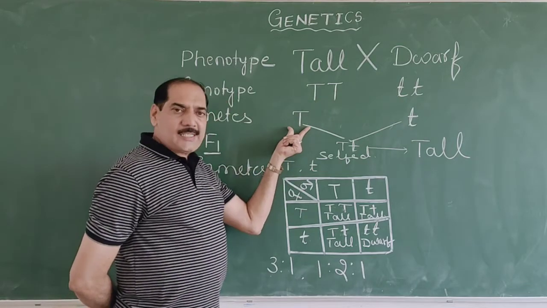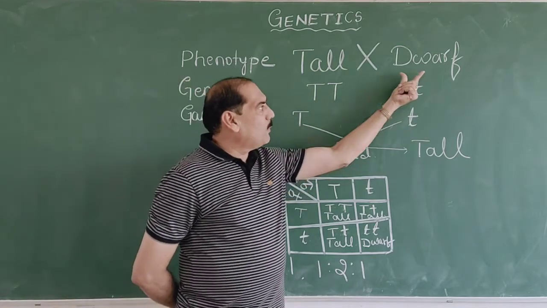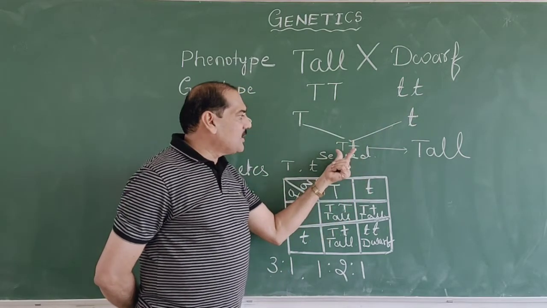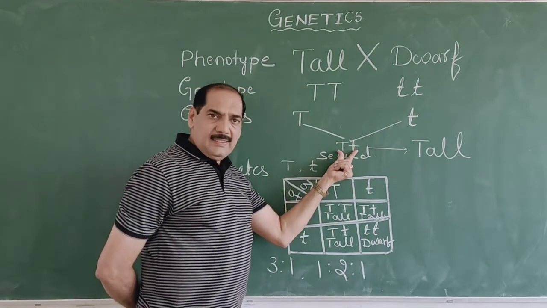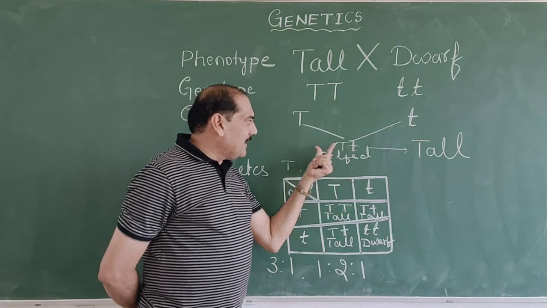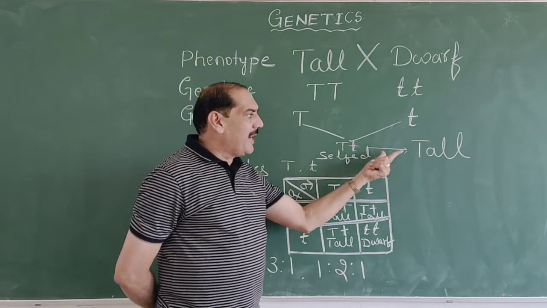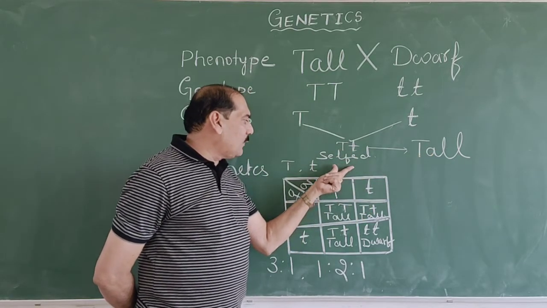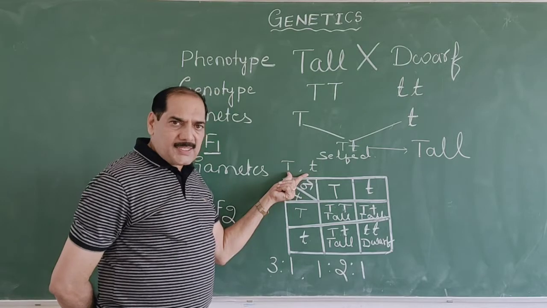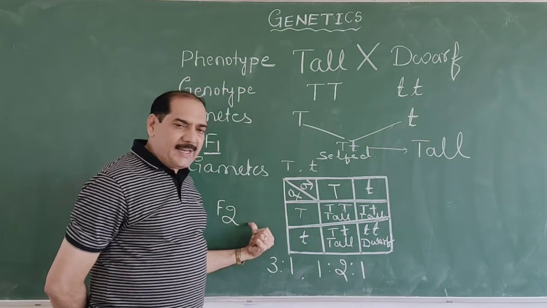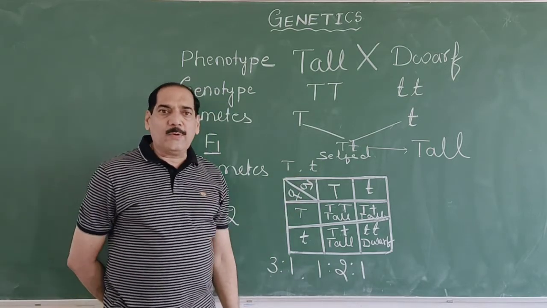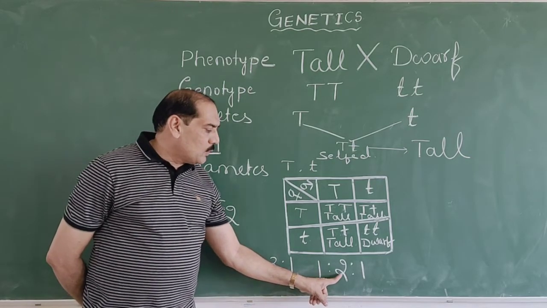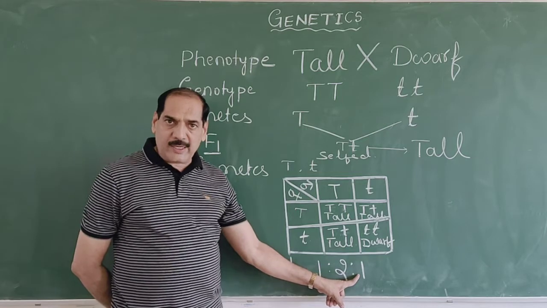Tall plant produces one type of gamete, dwarf plant also produces one type of gamete. When these two gametes fused in a hybrid in the F1 generation, all plants will be tall. When these tall plants are selfed, they produce two types of gametes. In F2 generation, three types of plants developed in the ratio of 1:2:1 genotypically.